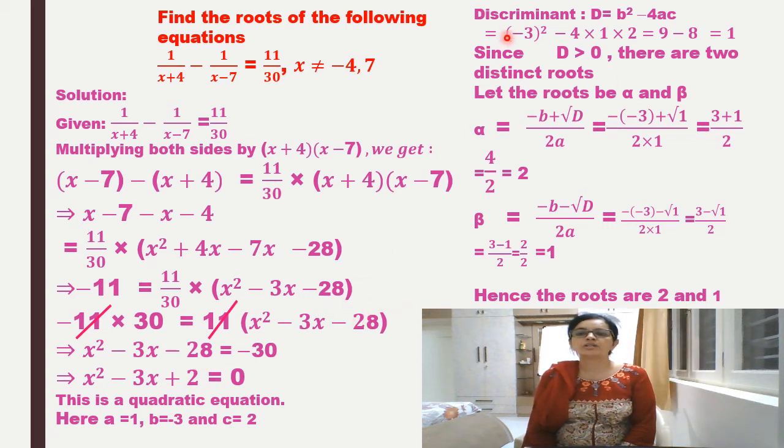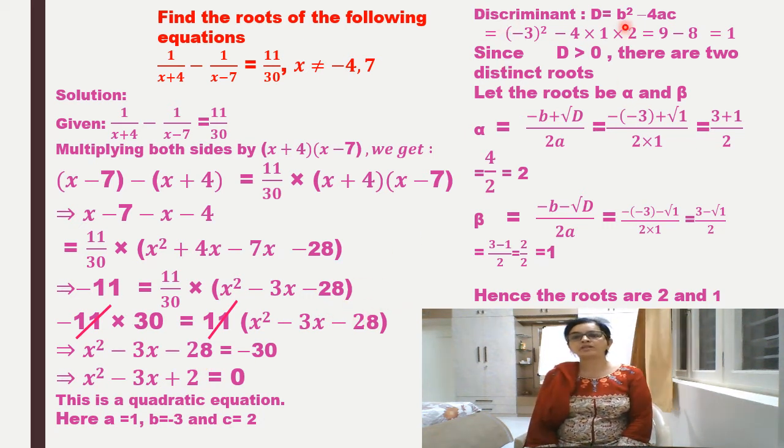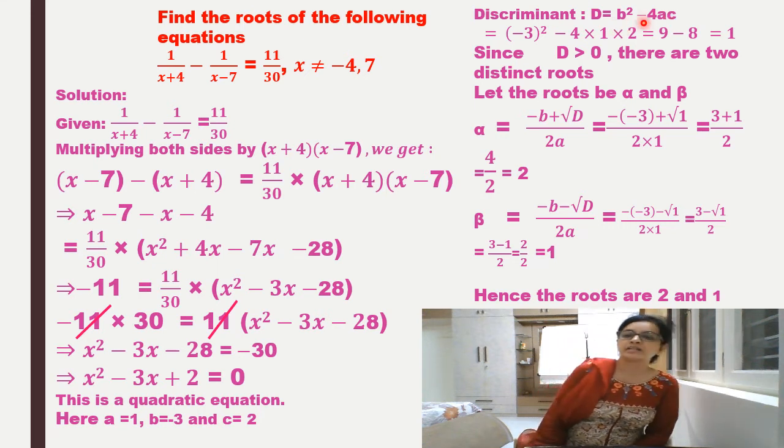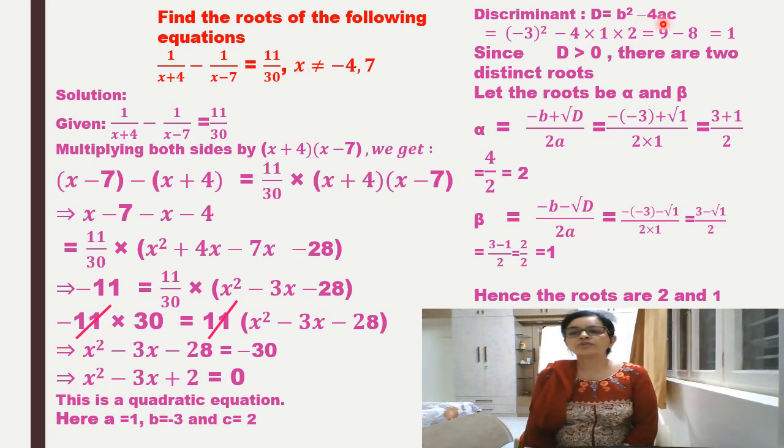What is the formula for the discriminant? It is b squared minus 4ac. Substitute the value of b, you get minus 3 whole squared minus 4 into, substitute the values of a and c, and what shall you get? Minus 3 whole squared is 9, and on doing calculations of this part you get minus 8.